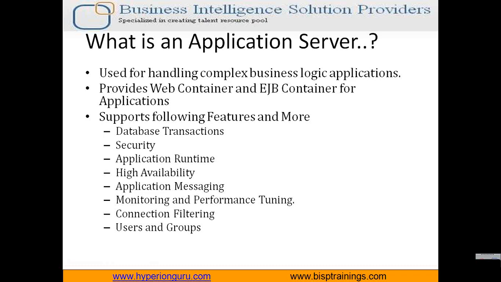And connection filtering is about restricting access to the applications or the server from the public environment. Like, I don't want UK people, I don't want US people, I don't want India people to access my servers.